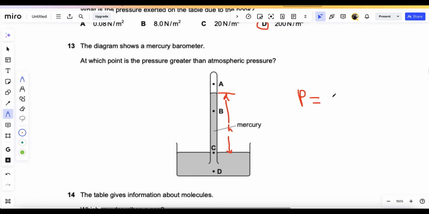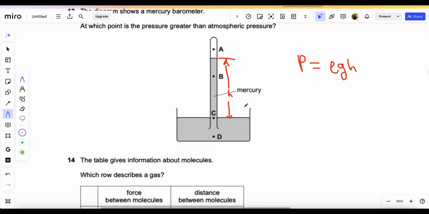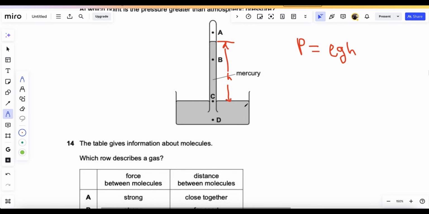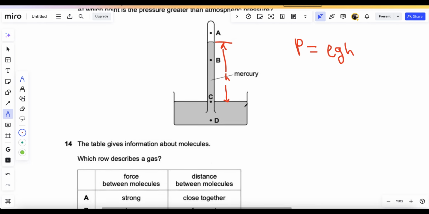But this is not what they want us to do. They just want to ask us a question. Density times gravity times height will give you the pressure. But they ask, at what point will the pressure be greater than the atmospheric pressure? I think the pressure at the bottom, right?